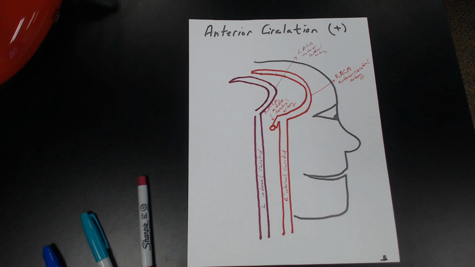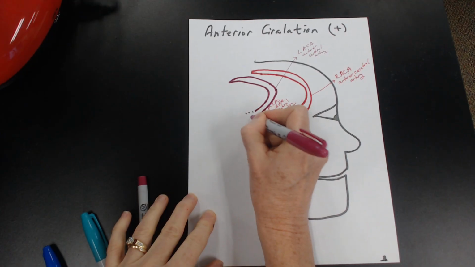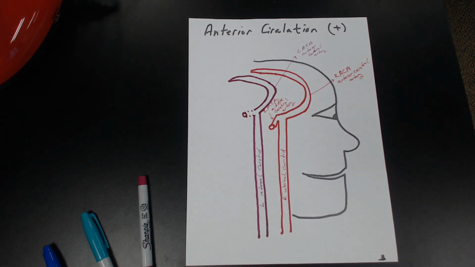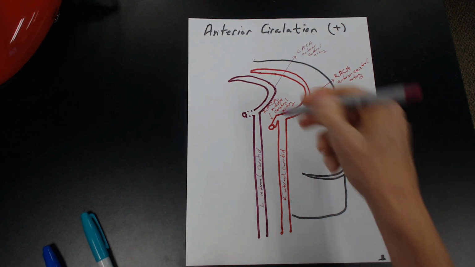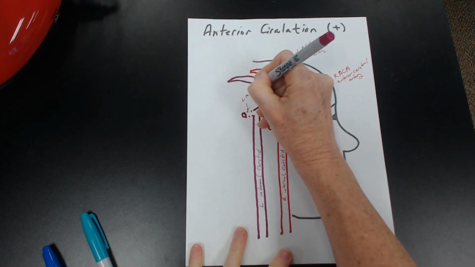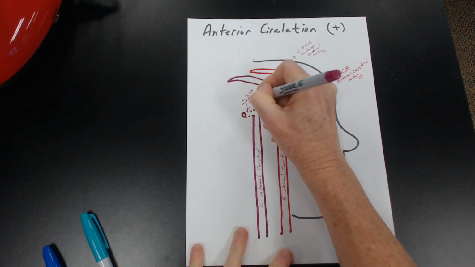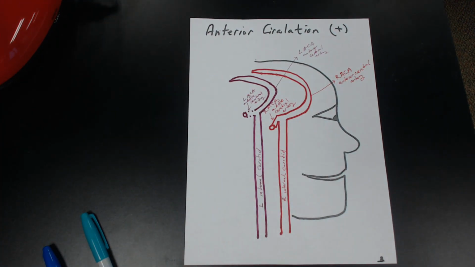So the left comes up, flips over, but then the middle cerebral artery is going to come off the internal carotid and come straight out through my ear. So I'm going to try and depict that as a dotted line. That's supposed to be going out the other side. Okay? And that branch is the same as the other side. This is nothing more than your left MCA, or middle cerebral artery.